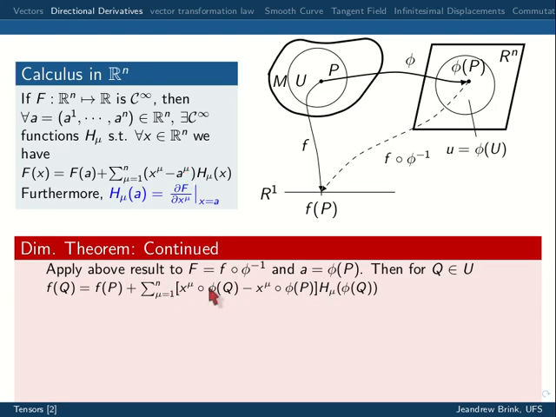Because remember, these coordinates will simply give you the value of those coordinates on the real line. So that's what those functions do. Times h_mu evaluated at x, and x is phi of Q.